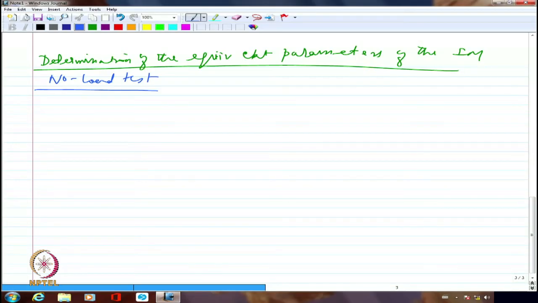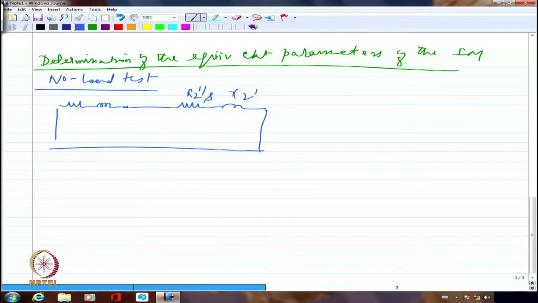Right? When I am going to have no load test, you think about the induction motor characteristics. I am going to have the equivalent circuit. This is R2 dash by S. This is X2 dash. And this is V1. This is R1. This is X1. Of course, I do have RC and XM. When it is running freely, it is as good as no load.